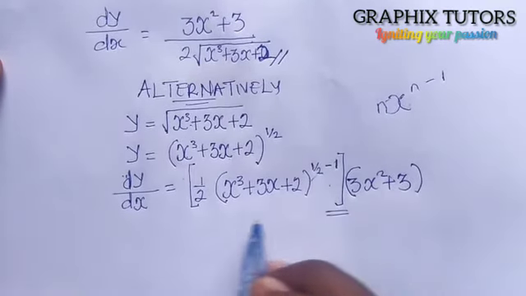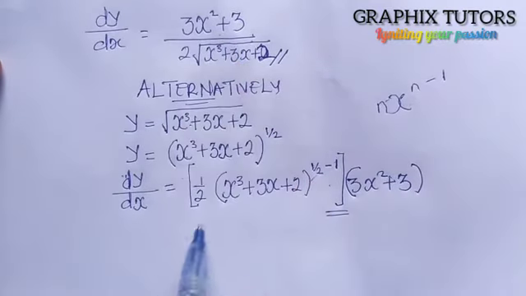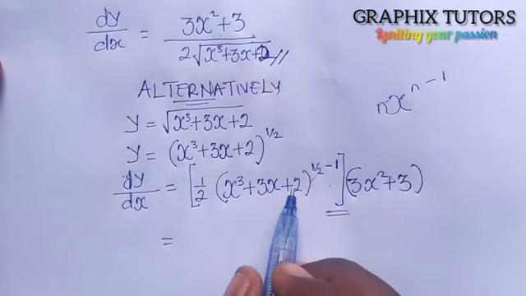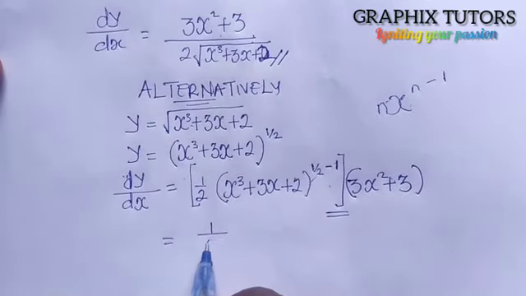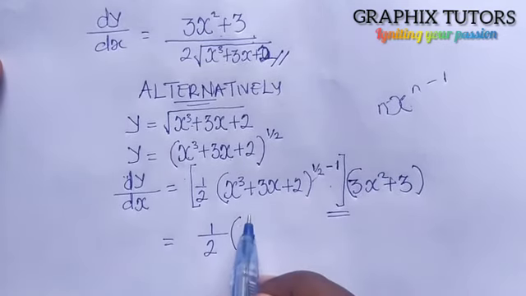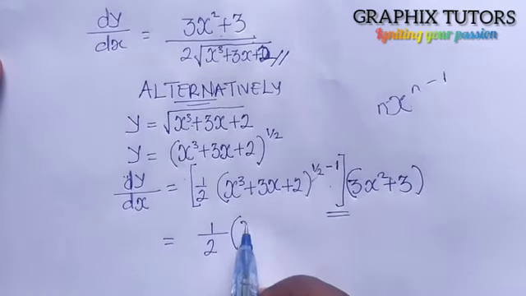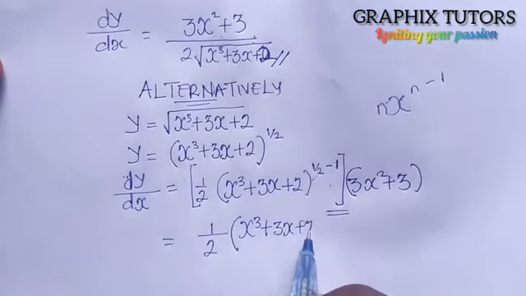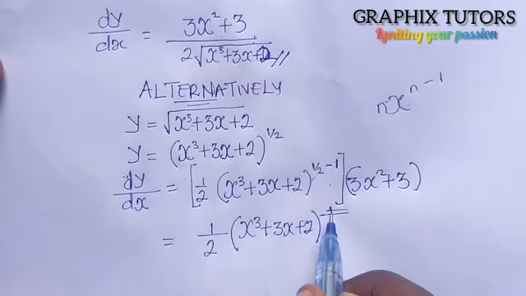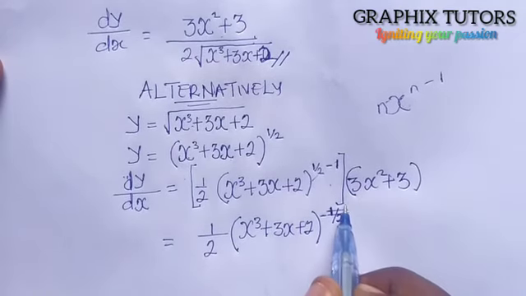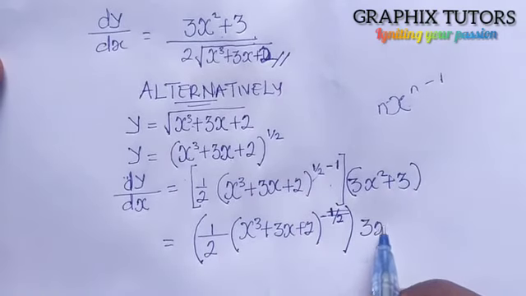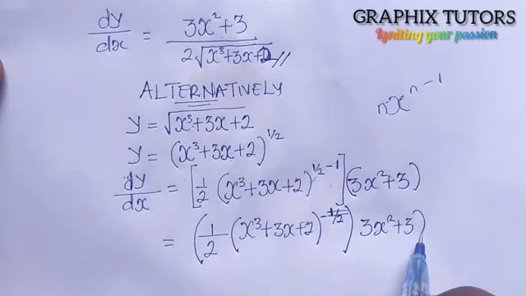If I want to break it further to get exactly what I got here, I'll say that this will give us 1 all over 2, into brackets x cubed plus 3x plus 2 into bracket to the power minus 1 over 2. And everything here we have 3x squared plus 3.